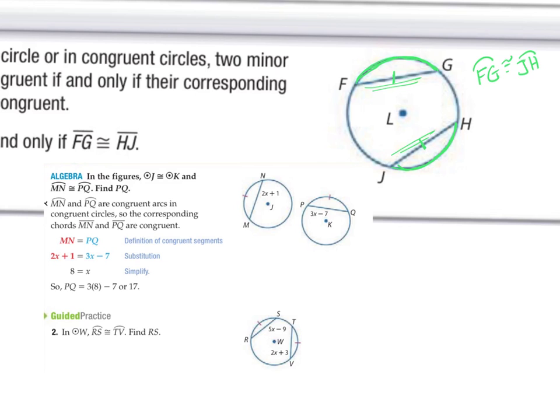And if you'll think about that with respect to the shape of a circle, I hope that makes sense to you.